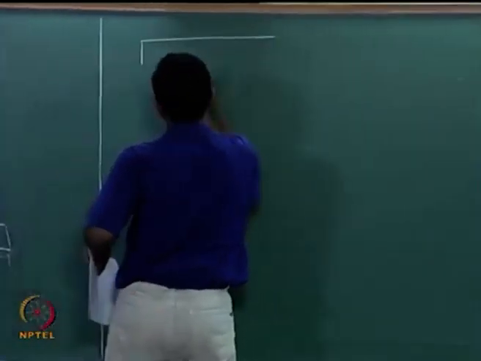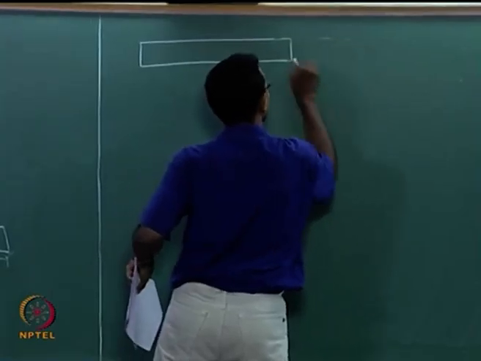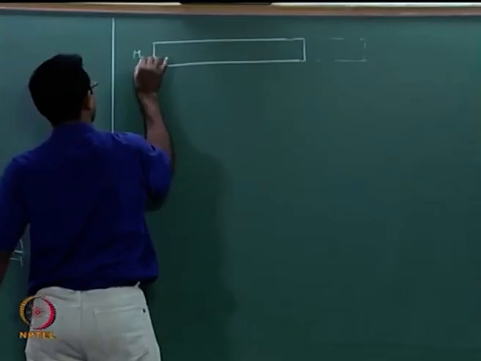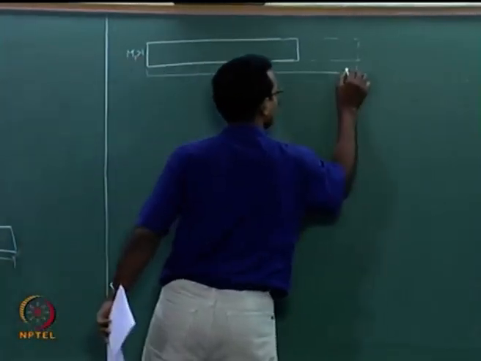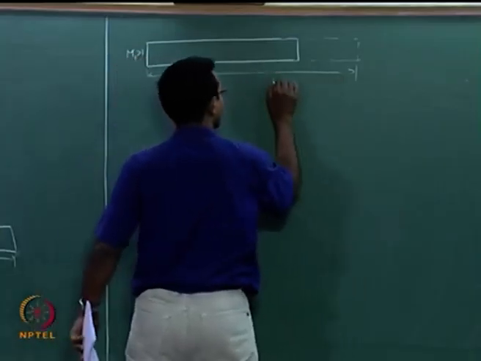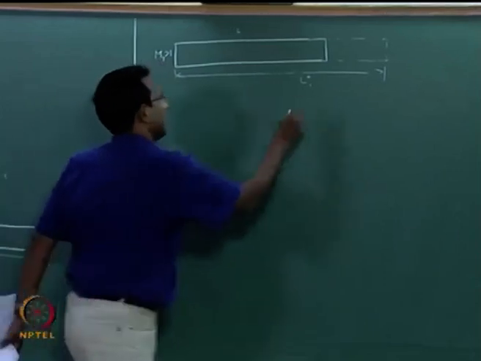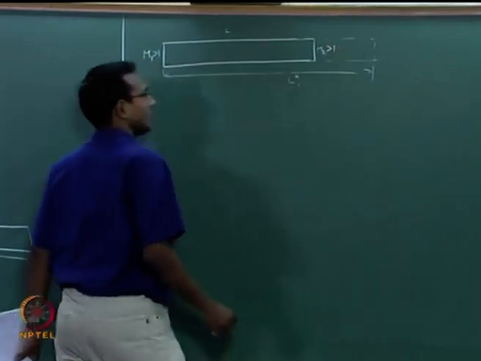It is a little different in supersonic. Simple cases are exactly the same. M1 greater than 1, this is my L star, L1 star, and this is my L if I think about M2 greater than 1.